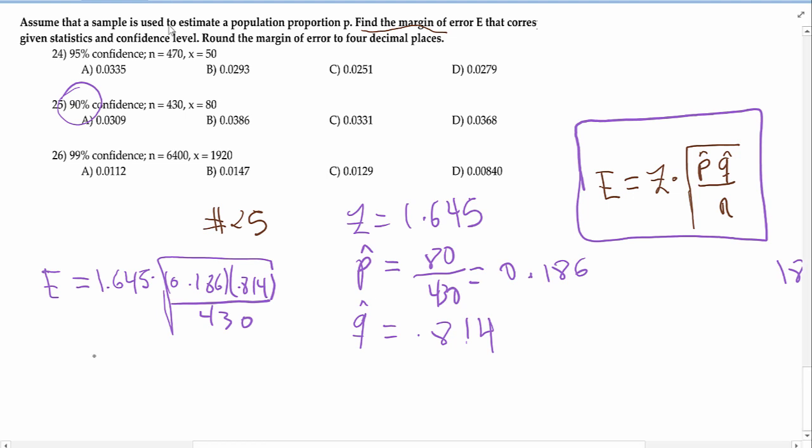I got 0.0309. All right, so right here we have this answer.